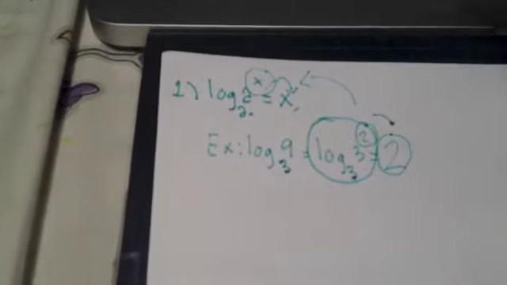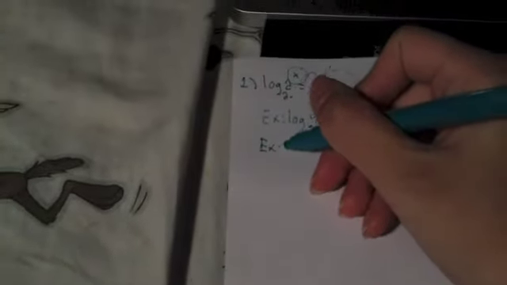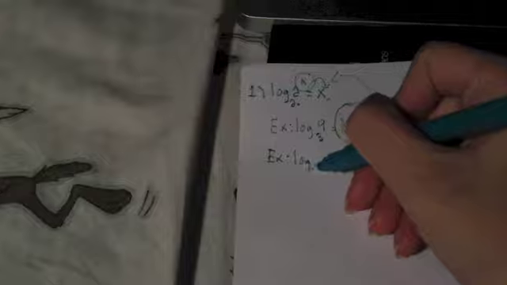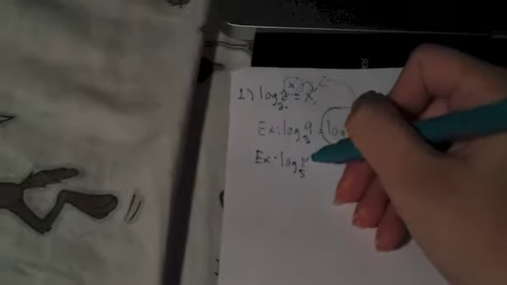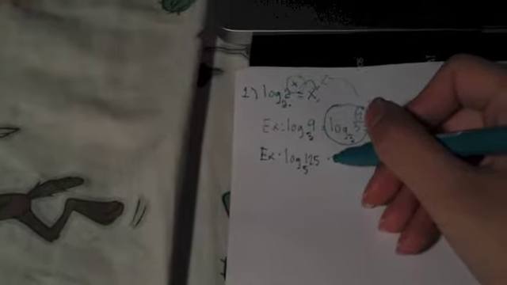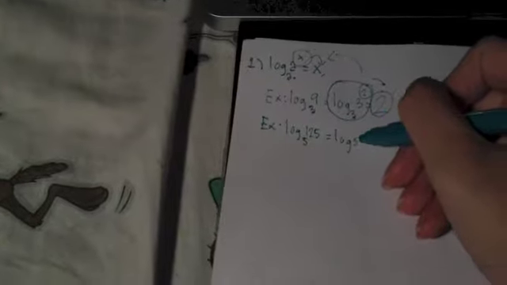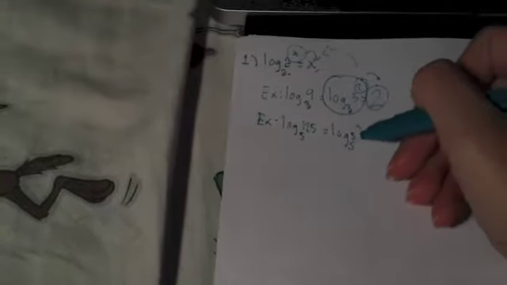And the next example is log 125 in base 5 is equal to log 5 to the power of 3 in base 5. So what's the answer?